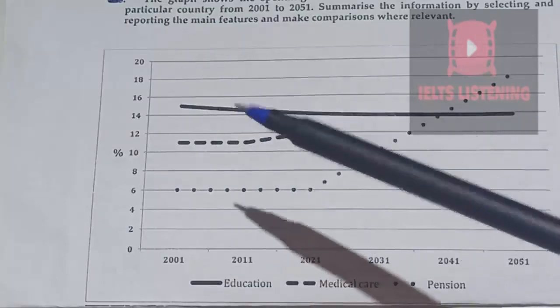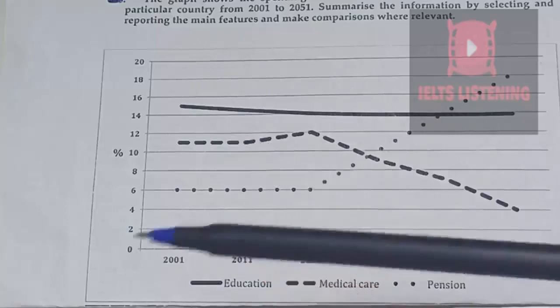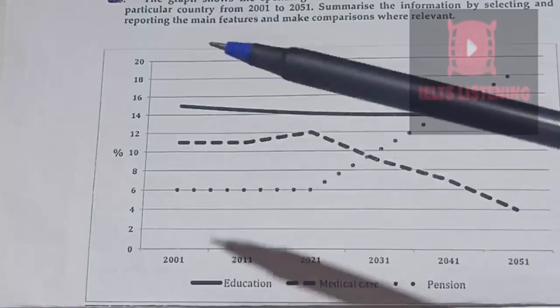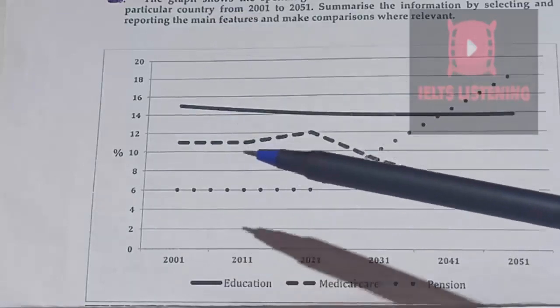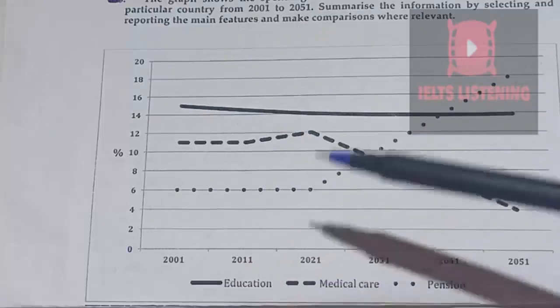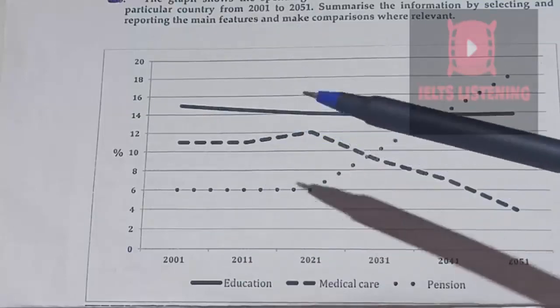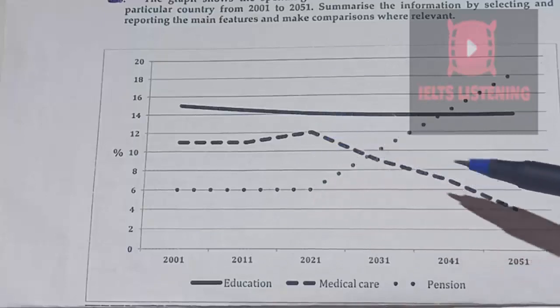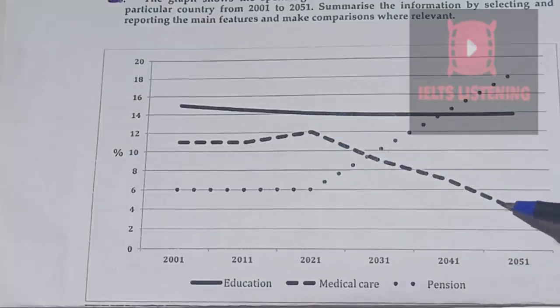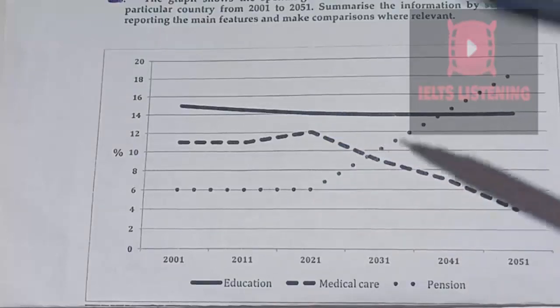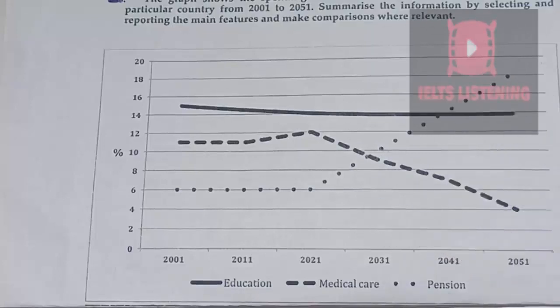Similarly, for medical care, the second most spending was on medical care, which increased till today. It increased to 12% and again decreased to 4%. It is projected to decrease.